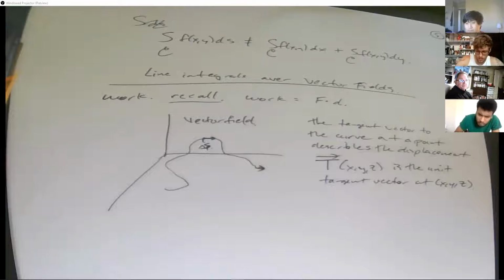Question? So we've got a tangent vector that describes displacement. Now we need a force vector. What force vector should we use? That's not a trick question. What is the force vector that's acting on this object, this particle?